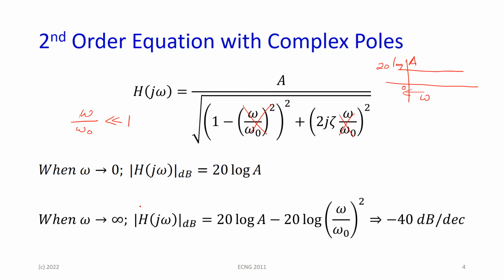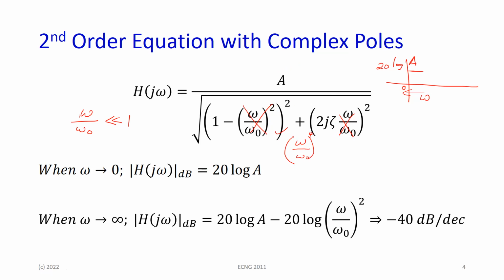All right, let me erase a bit of this. Right, so as we get to the low frequency side, the response is just 20 log A. When omega gets very large, well, we have 20 log A remains. Then we have, remember, this factor here is really omega over omega naught to the power 4.